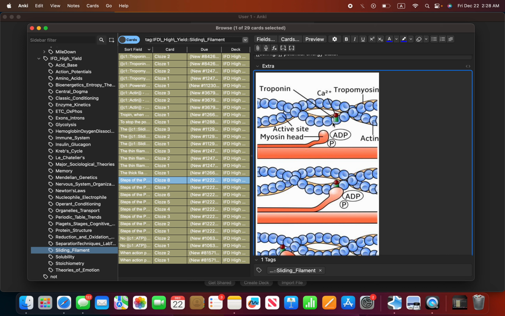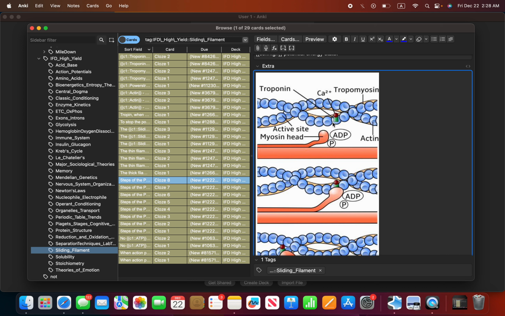So apparently the troponin and calcium binding removes tropomyosin, and it exposes the active site.